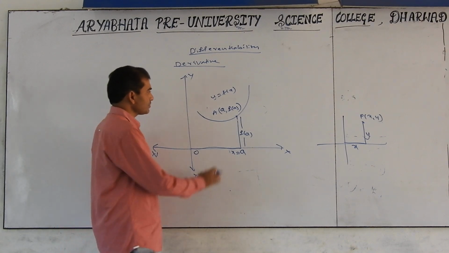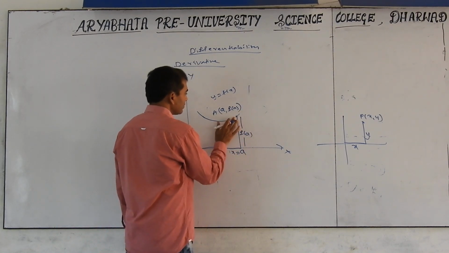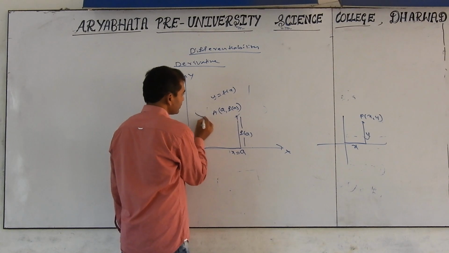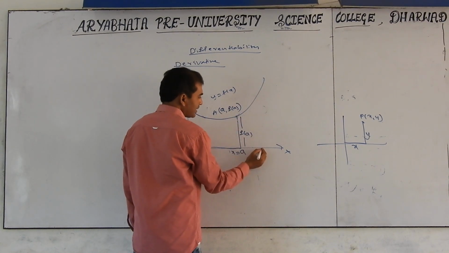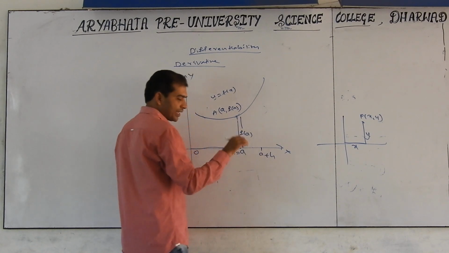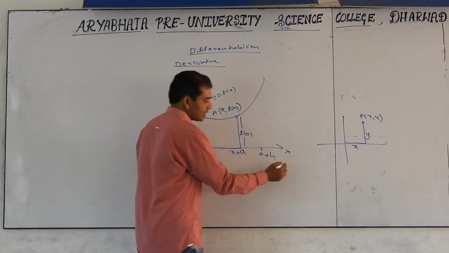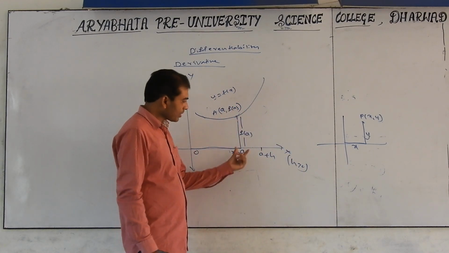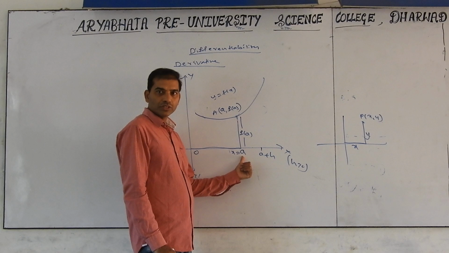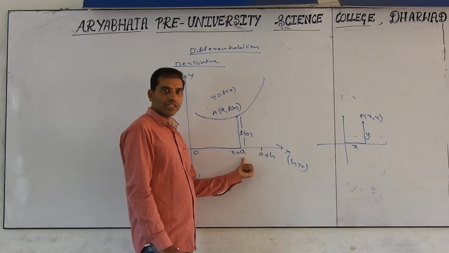Understood? Now another point that I am going to take is here: a plus h, where h is a very small number. h is greater than 0 and h is very, very small, in the neighborhood of a. If you take 2, then 2.1. If you take 3, then 3.1.